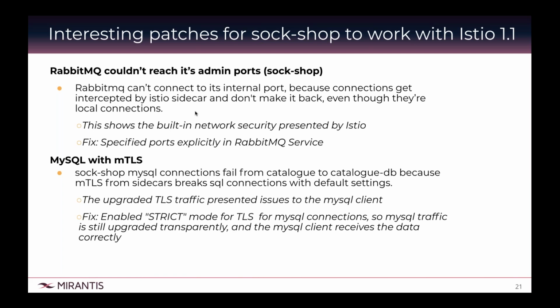And to fix that, we had to specifically define the ports in the RabbitMQ service in the Sock Shop application. It was just extra security presented by Istio, and we had to specify the ports so that Istio would allow those connections to come back, even locally.